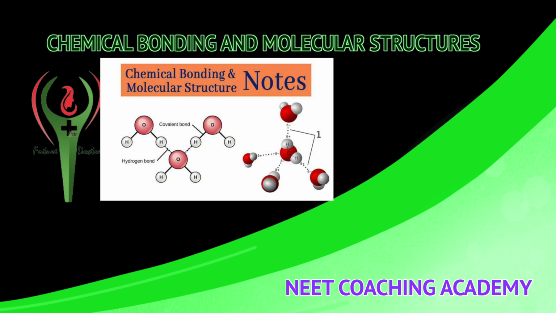In some compounds, the central atom has more than 8 electrons. This is termed an expanded octet. So from the 4th period, in addition to ns and np electrons, d orbitals are also available for bonding. And in some compounds, the central atom has more than 8 electrons. This is called an expanded octet. Some molecules with expanded octet are given here.